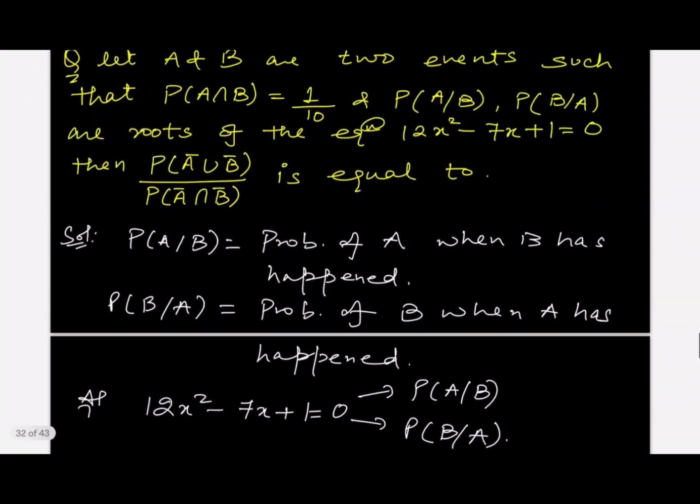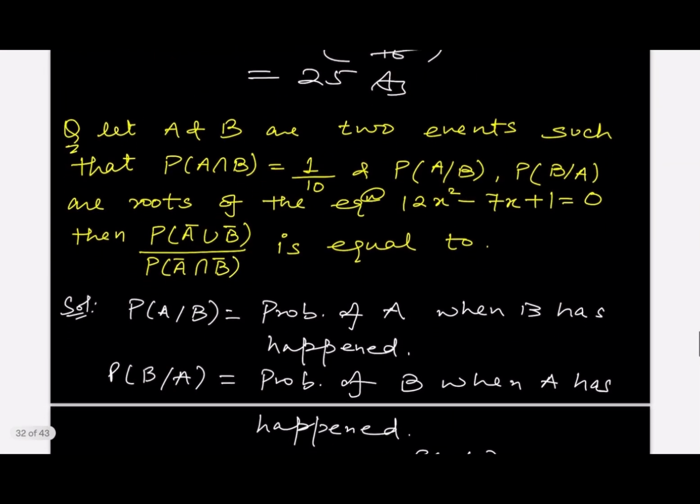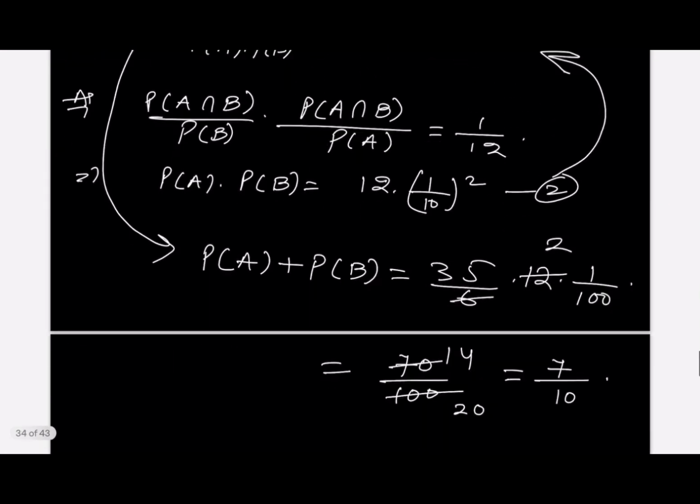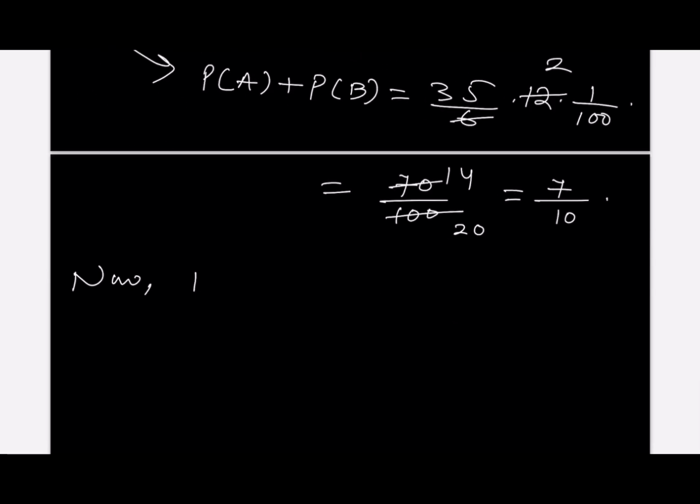Now what is required? We need to find P of A complement union B complement upon P of A complement intersection B complement, right?